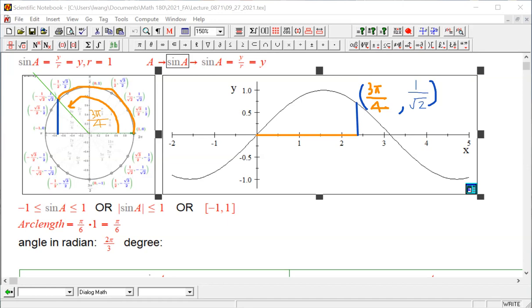Okay, so the blue and this blue, they're exactly the same value. And arc length, okay, the arc length happens to be the same value as the angle measured in radians. They're the same value, but it has a slightly different meaning.